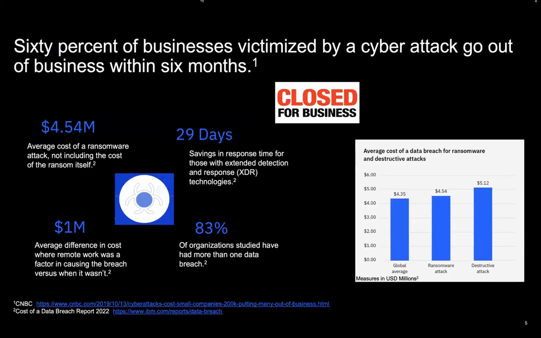We'll talk through some of those things in upcoming slides. As we talk through this, you've seen everything in the press: the impact of cyber attacks. You could see the various figures out there: closed for business, the number of dollars, the 4.5 million average cost, 29 days to recover. When I developed this presentation last year, it was right around the time that the Las Vegas casinos in the United States, and we were doing an IBM event, thank goodness I wasn't there, had cyber attacks.